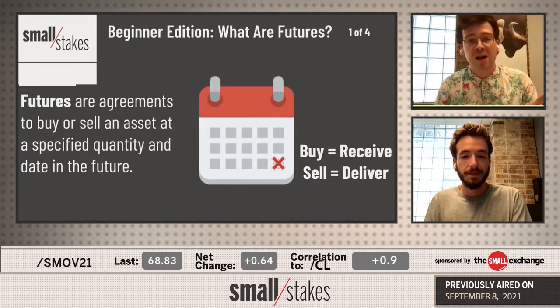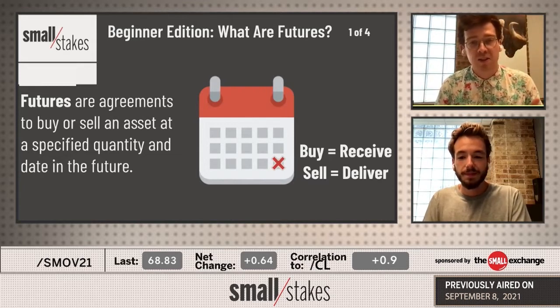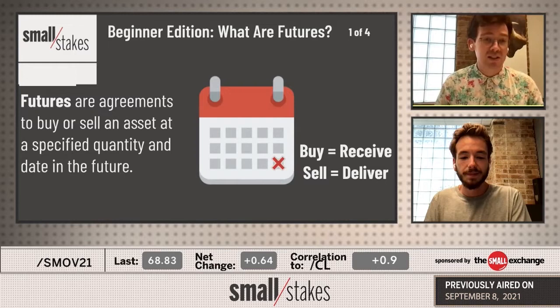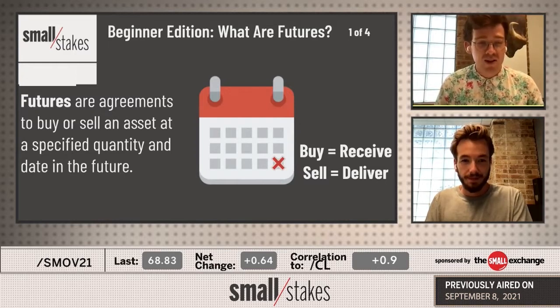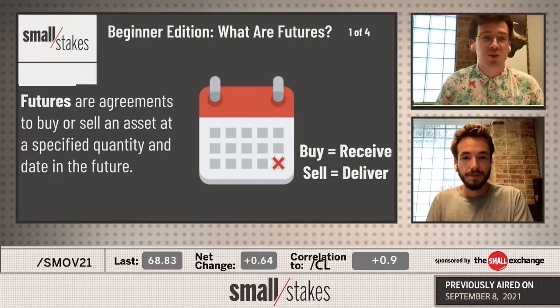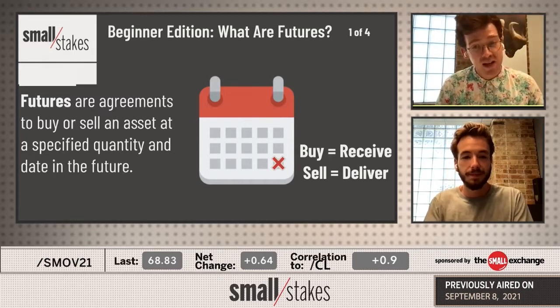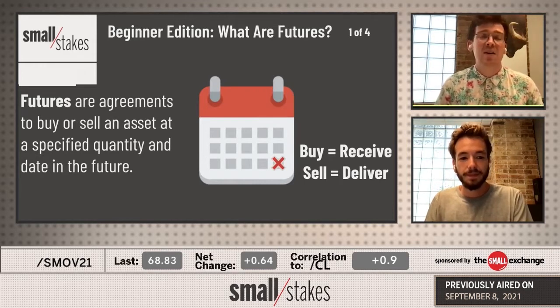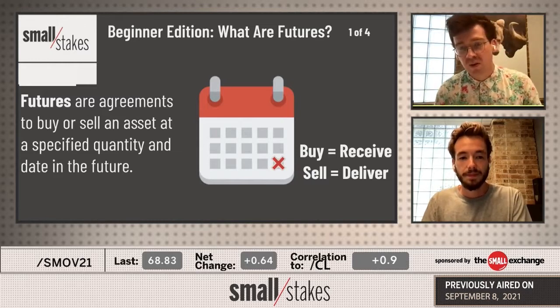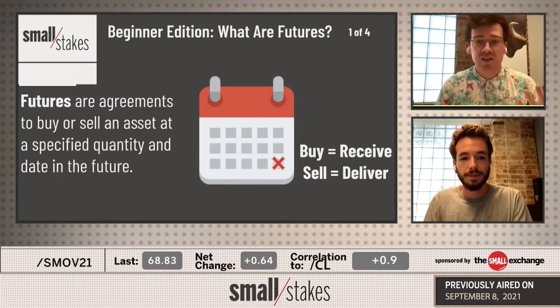And that's why you have this old school definition of it's an agreement to buy or sell the thing, and it's a specified quantity, and you have to be ready to deliver the asset or receive the asset on that day. You'll see what we use them for today, not really having anything to do with receiving or delivering any commodities or financial instruments.